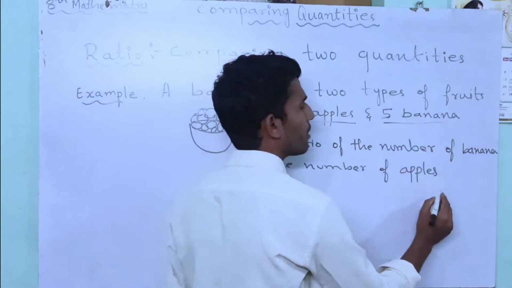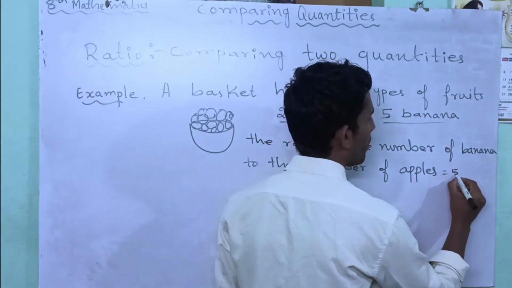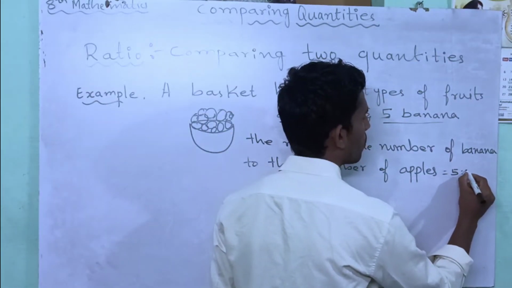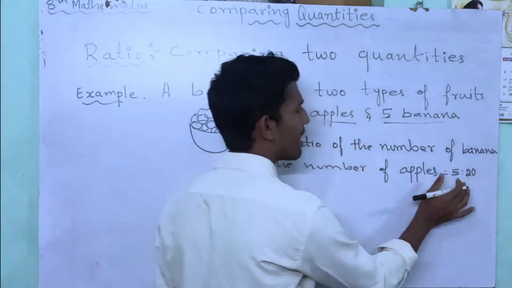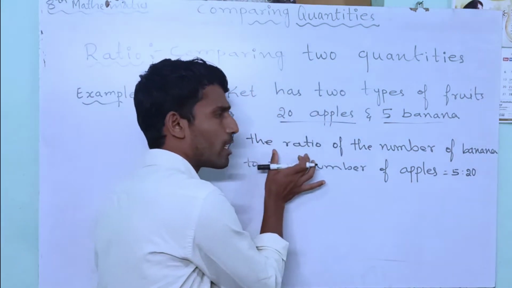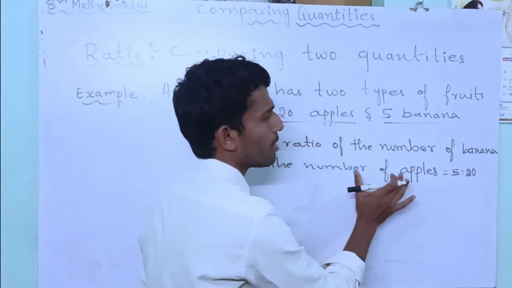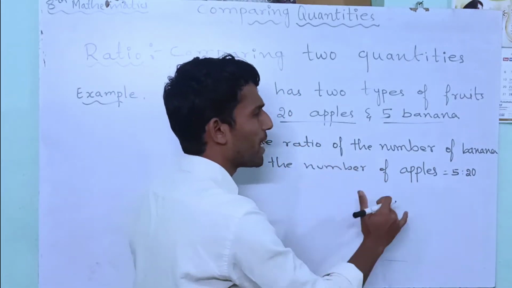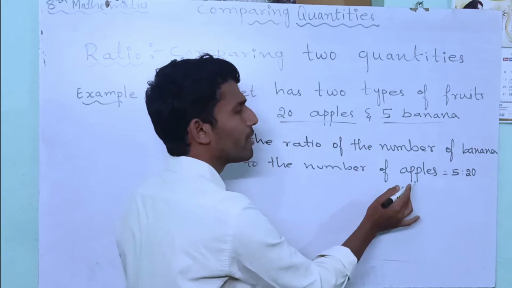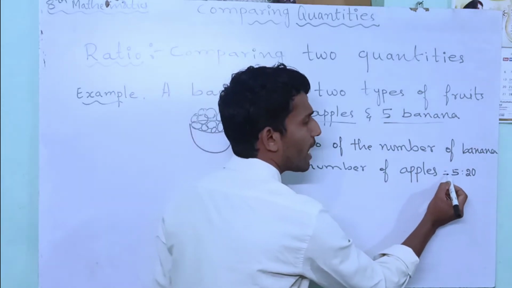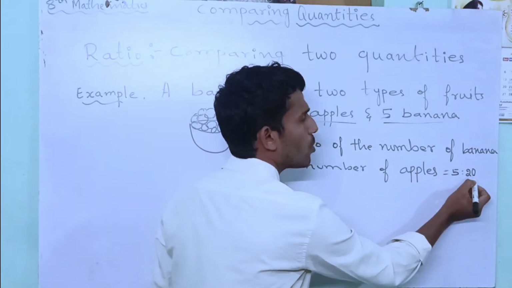See here, bananas are given here: 5 is to 20. This is the ratio. The ratio of the number of bananas to the number of apples. Here we have to compare bananas with apples, so we write 5 is to 20.